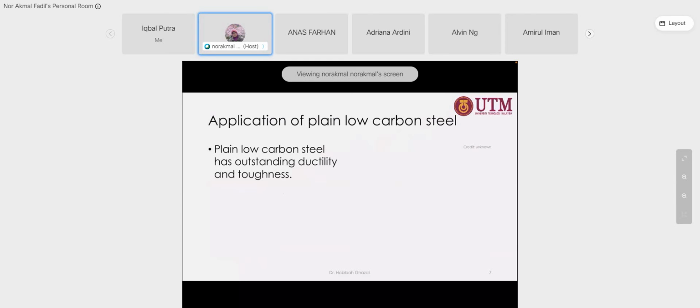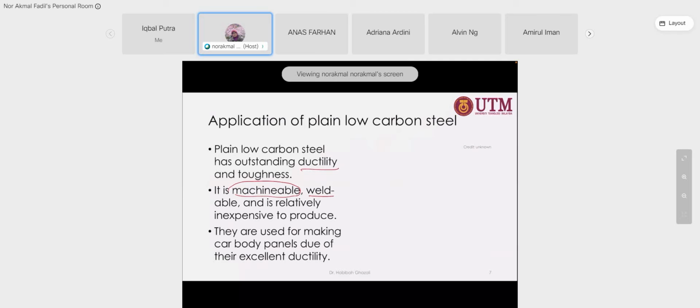The plain low carbon steel has outstanding ductility and toughness. Because of the ductility, you can easily machine it, so the machinability is high. It is weldable and relatively inexpensive to produce. They are used for making car body panels due to their excellent ductility and machinability. Why?